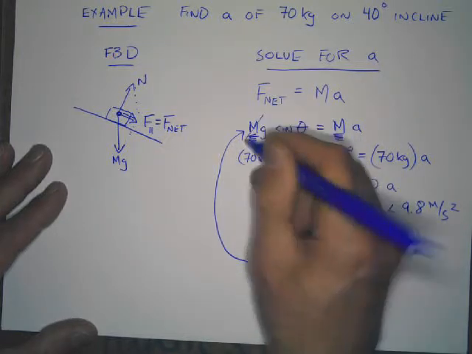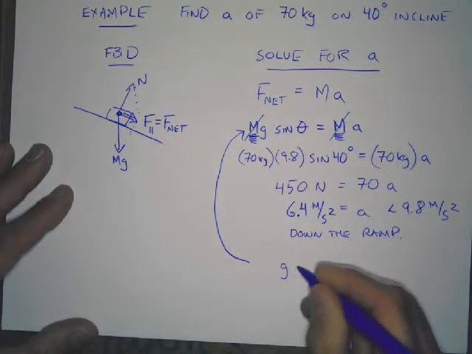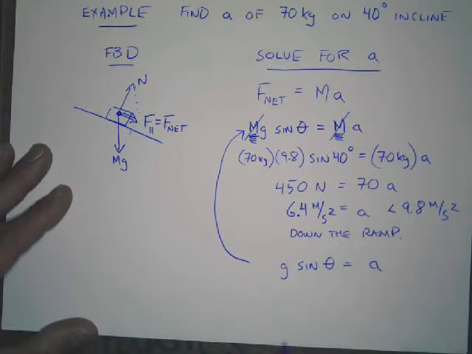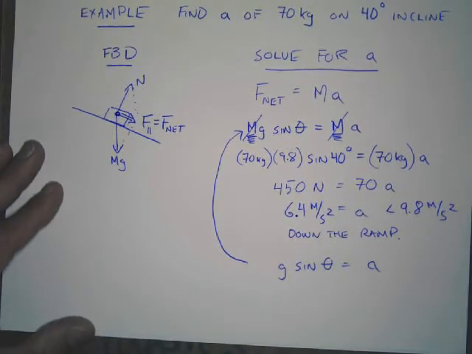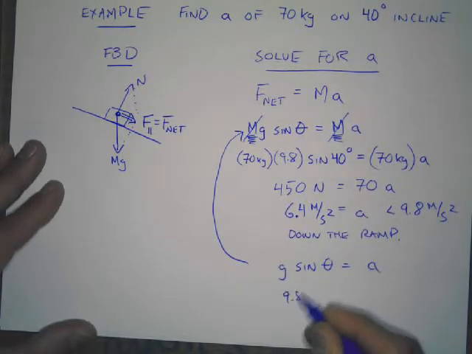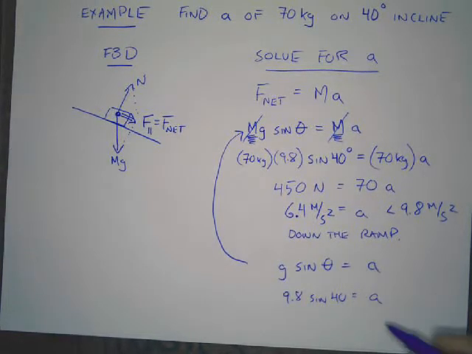And so you can cancel that, which means you could have answered this problem without even knowing the mass of the skateboarder. You could have just found the acceleration by taking 9.8 times the sine of 40. And that would give you the same answer, the 6.4 meters per second squared.